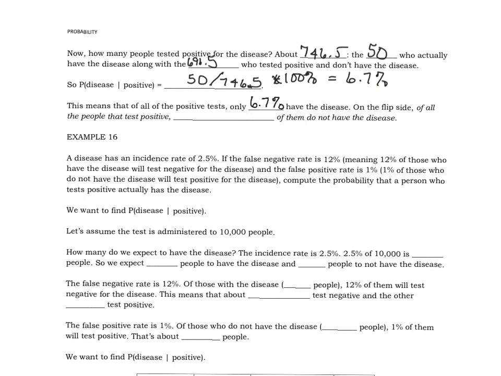On the flip side, all the people that tested positive, let's go for the number 696.5, or more importantly, it's nice to look at the percentage. 100% minus 6.7% gives me 93.3% of them do not have the disease.